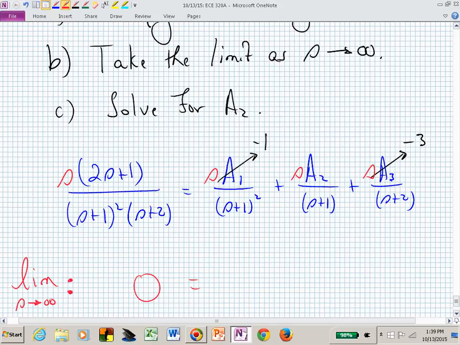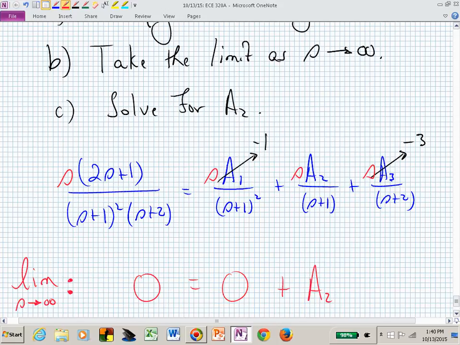What's the first term on the right going to do as s goes to infinity? It's now s over s squared. That's now 0. What's a sub 2 term going to do? That goes to a sub 2, doesn't it? It's just infinity over infinity. They cancel, and now I have a sub 2.